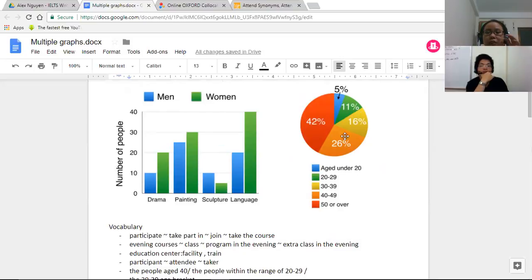But the next time you see a single pie chart with numbers like this, we have to avoid the trap. They give the numbers. They want us to make the mistake of listing all of the numbers here. So you only choose the largest and the smallest to talk about, like you did.